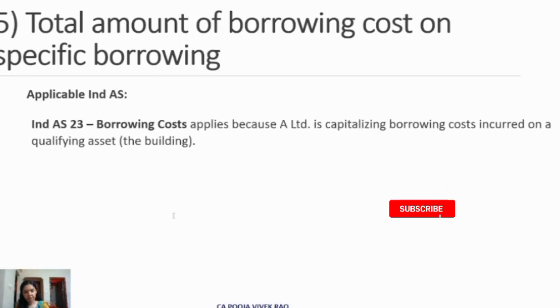That is the specific loan amount, rupees 2 lakh. Interest rate is 9% per annum. And the construction period is from 1st April 2021 to 31st January 2022, that is 10 months. So these are the important points given in the question which will be required while solving this part of the question.